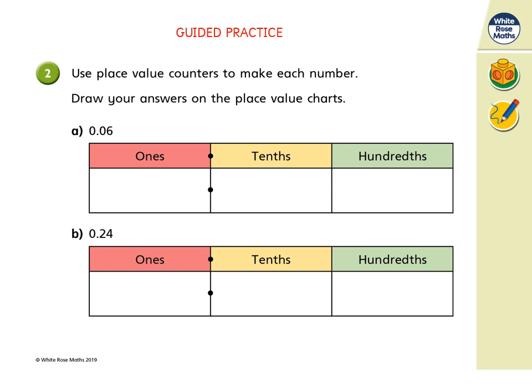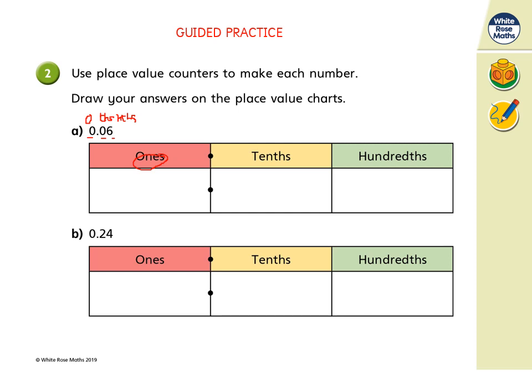Again, back to our guided practice. You're going to use the place value counters to make each number. So you're going to draw your answers on your piece of paper. A, I've got 0.06. So, and I have 0 ones because that is my ones column. After the decimal point comes the tenths, and after the tenths, correct, it's the hundredths, as you can see on our place value grid, just below where I am writing. So I have 0 ones, so no counters will go in this ones column.